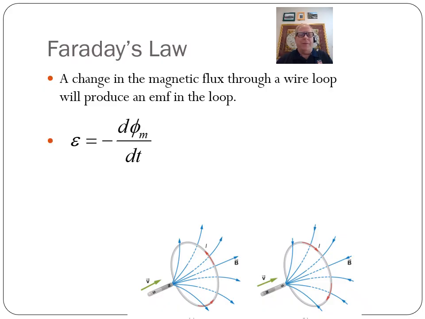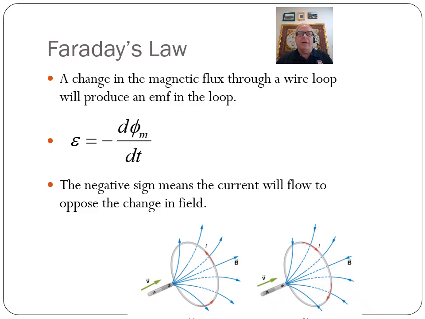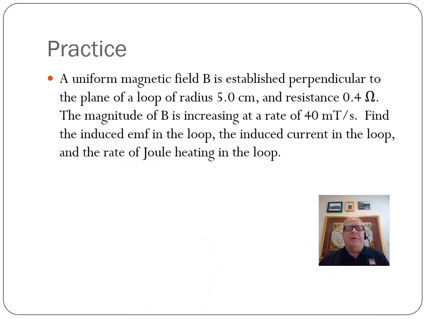And we write that like this. The rate of change, being given by the derivative, is equal to the EMF that's produced. The negative sign is there to tell us which way the EMF produced would cause a current to flow. And we're going to find out that the current that flows is going to oppose the change in the magnetic field. Let's do this practice here.